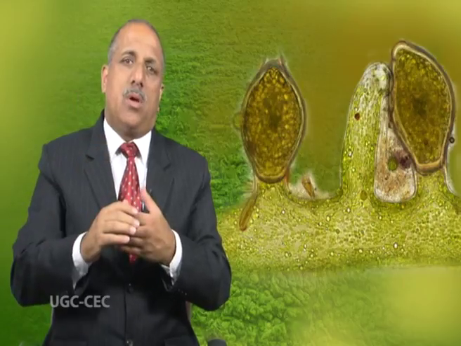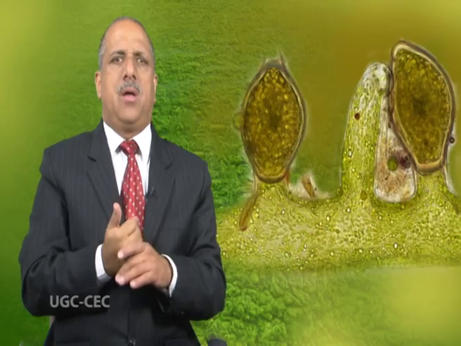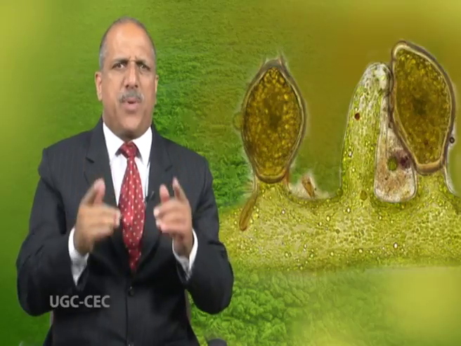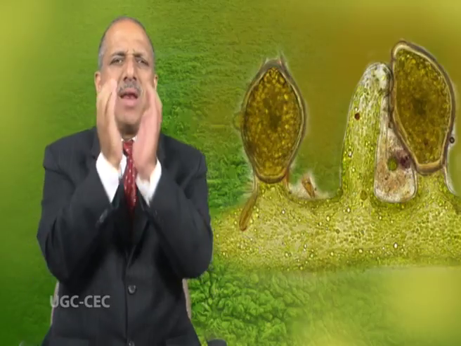Now, let us see how fertilization takes place. As a rule, fertilization is favored by water and occurs in water. During fertilization, antheridia and oogonia mature almost simultaneously. The tip of the apical beak of the oogonium gelatinizes to form an aperture.